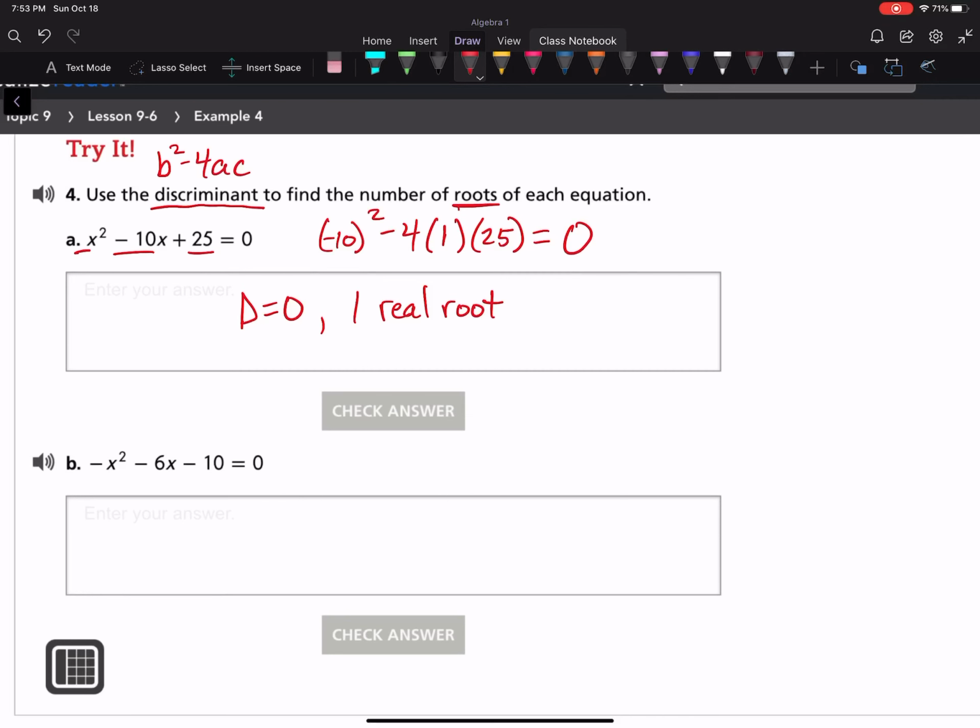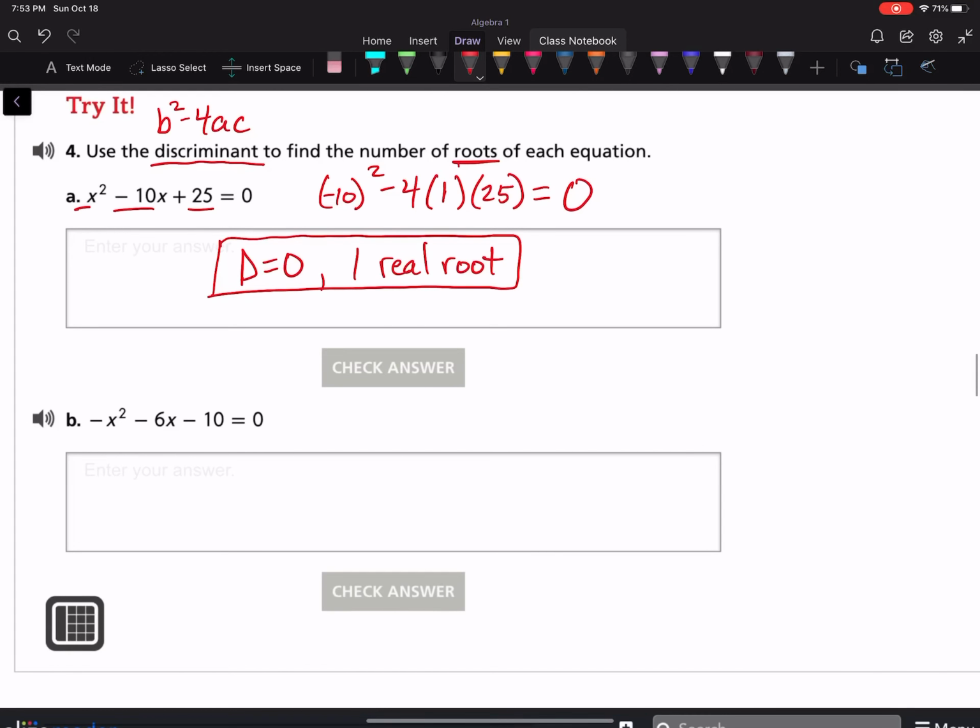They are saying roots, but understand solution, roots mean the same thing. Zeros mean the same thing. All right. For this one, we're going to do again b squared minus 4 times a times c. B in this one is negative 6, a in this one is negative 1, and c is negative 10. Again, there's a, there's b, there is c.